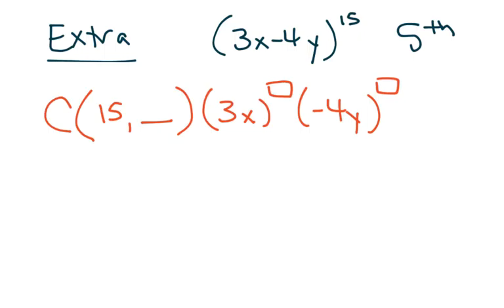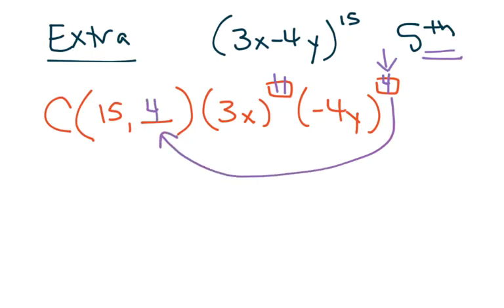Here's how it works. The exponent in front of the second term is always 1 less than the term you're looking for. If you're looking for the fifth term, then this is 4. This one then has to be 11, because those two exponents have to add up to 15. The second exponent is also the number that goes in this combination.